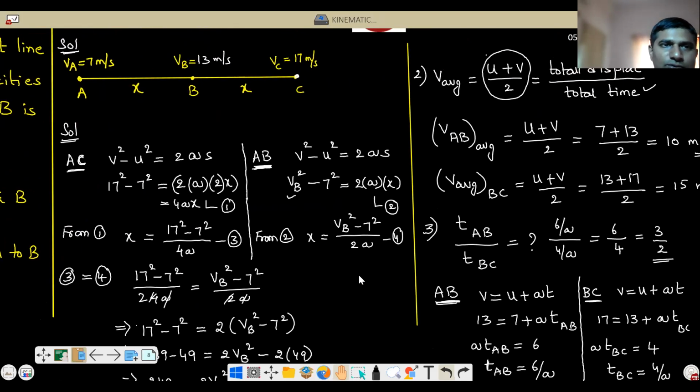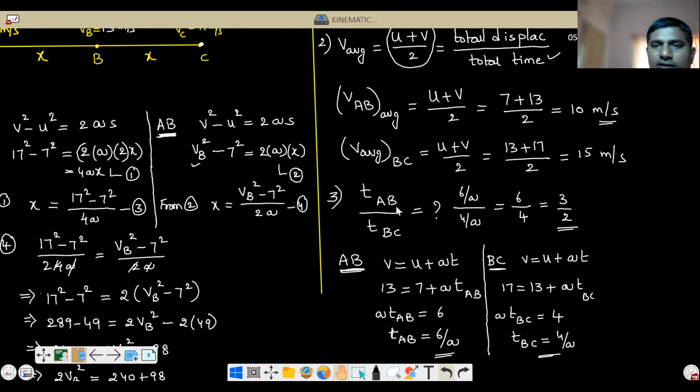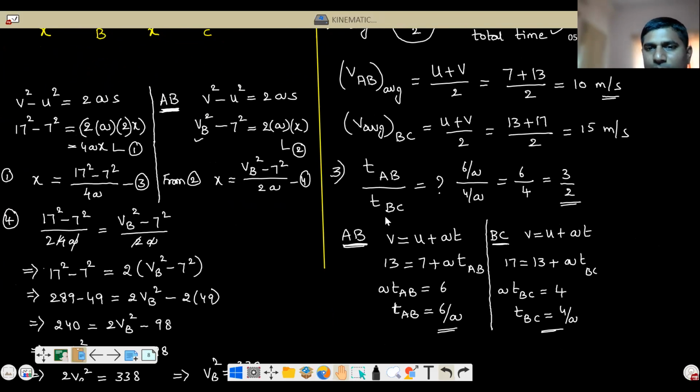Now this is also very easy. They are asking the time taken from A to B to the time taken from B to C. In the interval AB, we apply the equation V equal to U plus AT. So 13 equals 7 plus A into T of AB. We don't know the acceleration, but keep it in terms of acceleration only. Why? Because they are asking for a ratio, so the acceleration will get cancelled.